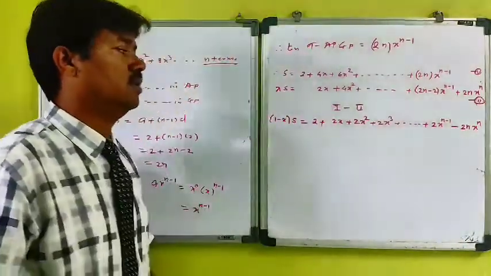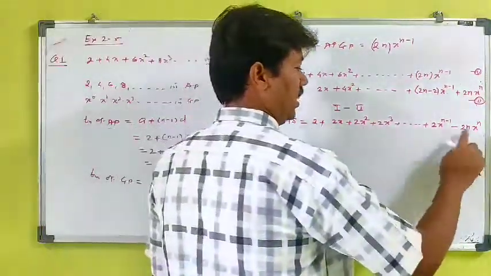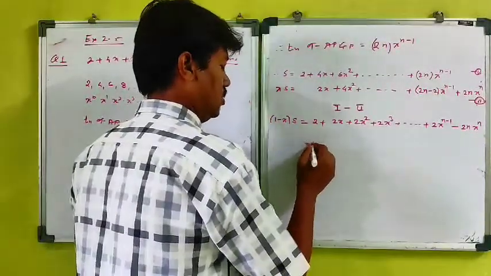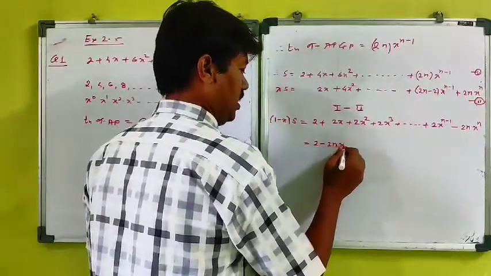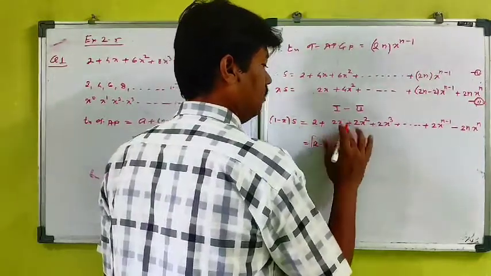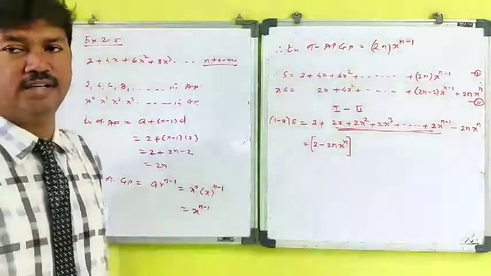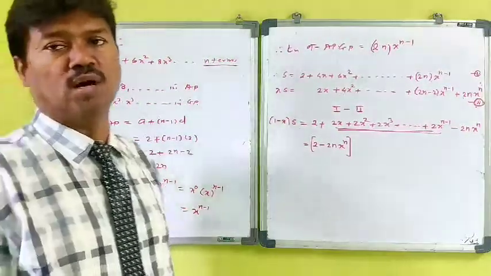Now this and this we can take together, so it is 2 minus 2n x raised to n. This is one bracket. And what about this? It is a GP with n minus 1 terms.